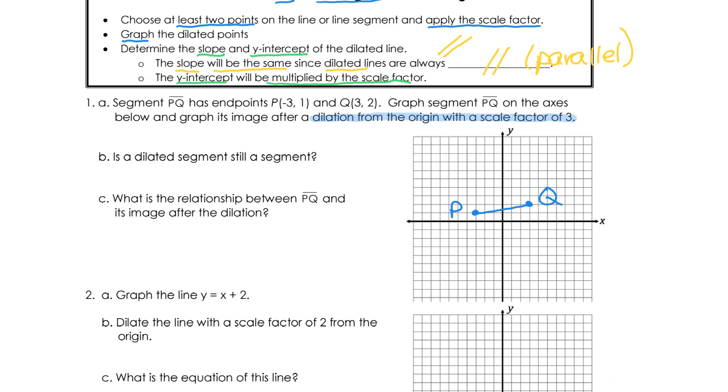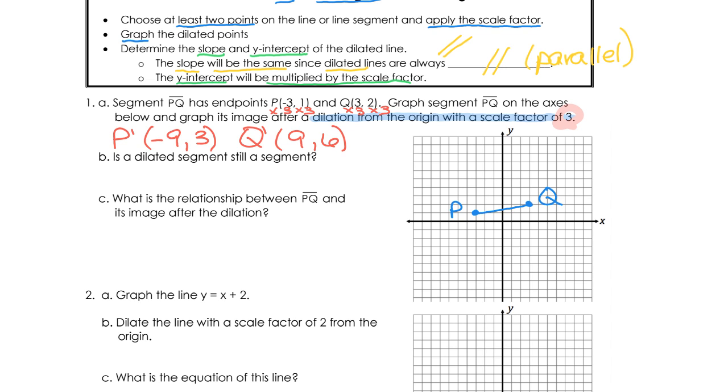So because we're dilating from the origin, all we have to do is take our scale factor of 3 and multiply all x's and y's by 3. So go ahead, multiply by 3, multiply by 3, multiply by 3, multiply by 3. And now P prime is going to end up at -9, 3, and Q prime will end up at 9, 6. And now we can go ahead and graph them.